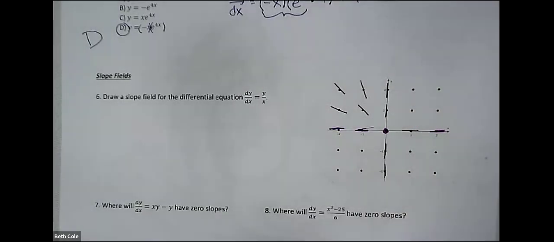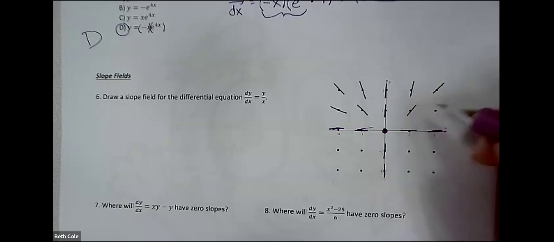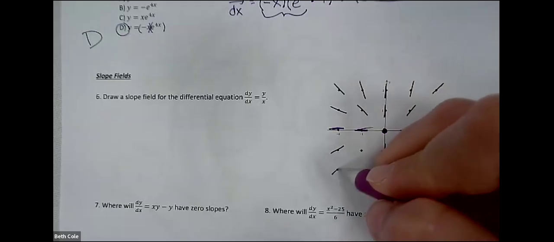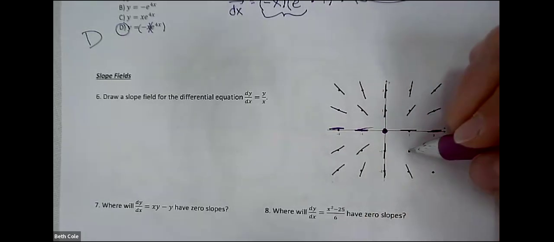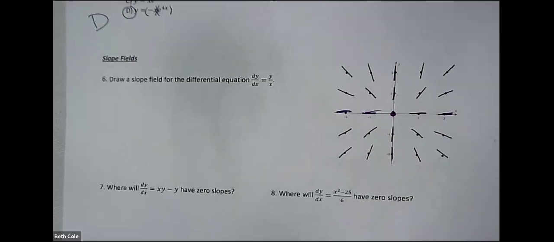So still negative, but less so. And actually, I can just start doing my reflecting. It's going to reflect like this. This is going to be positive. This will be more steep. And there we go. Looks like a firework or something.